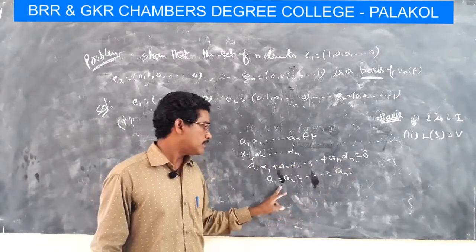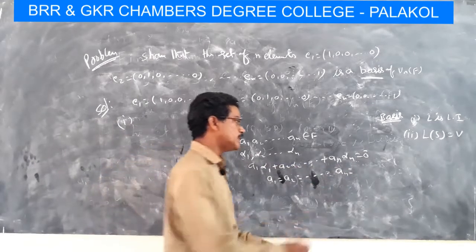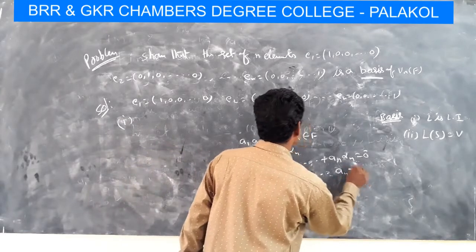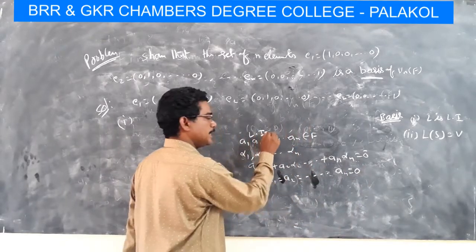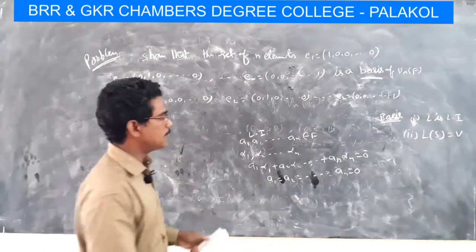Then a1 equal to a2 equal to so on an equal to 0. It is called linearly independent.